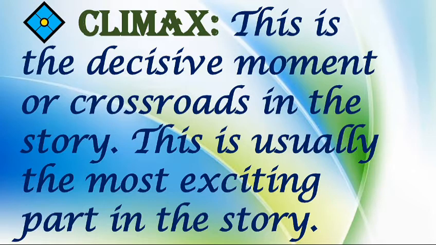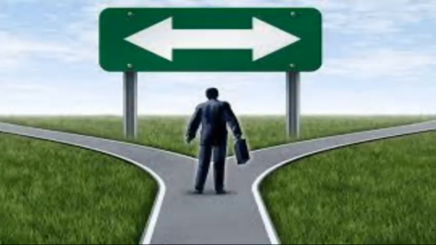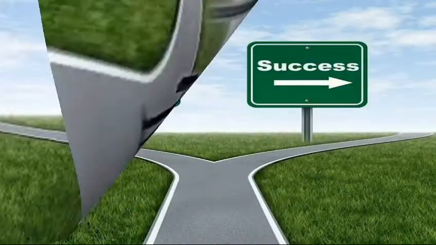Then there is the climax. The climax is the decisive moment or crossroads in the story. This is where the main character has to make a choice between two things. Is it to go to the right or to the left?